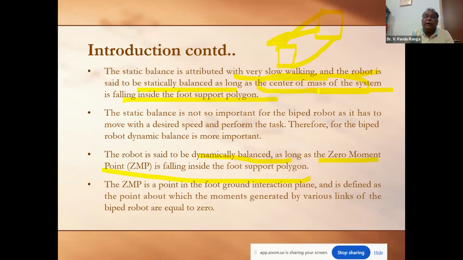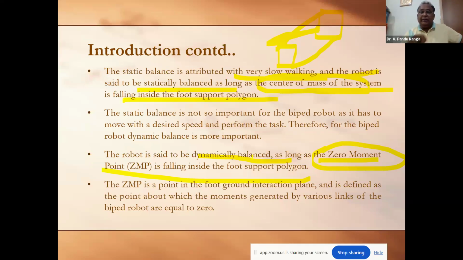But coming to the dynamic balance, a new term has been introduced, that is the zero moment point, called ZMP. If you want to say that the robot is dynamically balanced, then we focus on a point called the zero moment point, and the zero moment point should fall inside the foot support polygon.